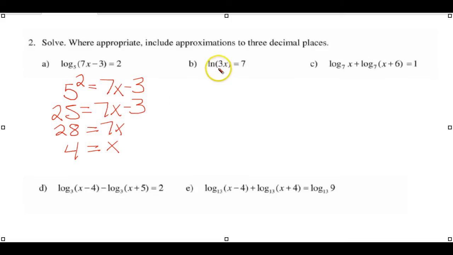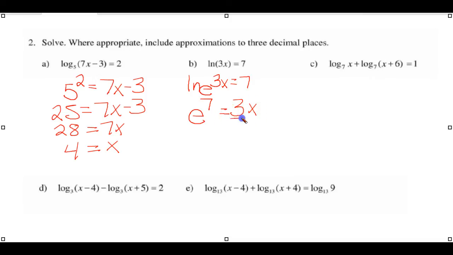Now, for this one, it's a little more tricky. So a good technique there is put the letter E in there so you know that your base is the letter E. So natural log base E. So now when we convert this, our base is E, our exponent is 7, and that equals 3x. So again, we want to solve for x.